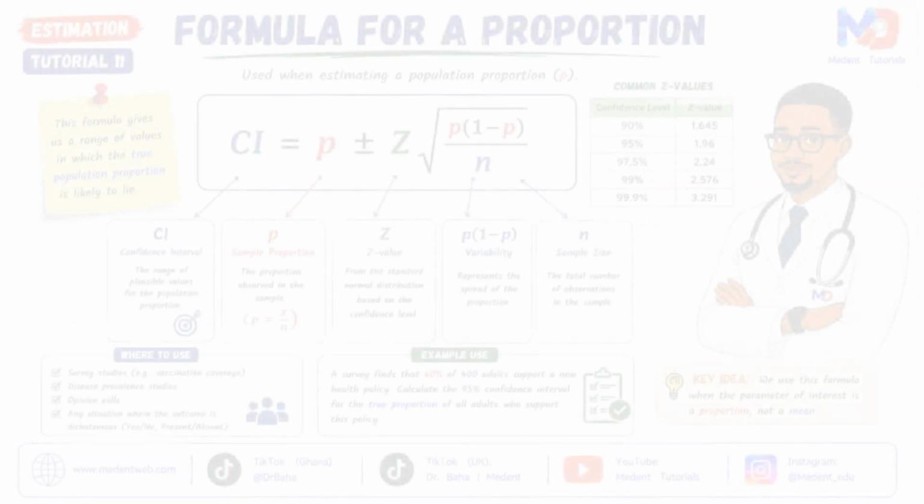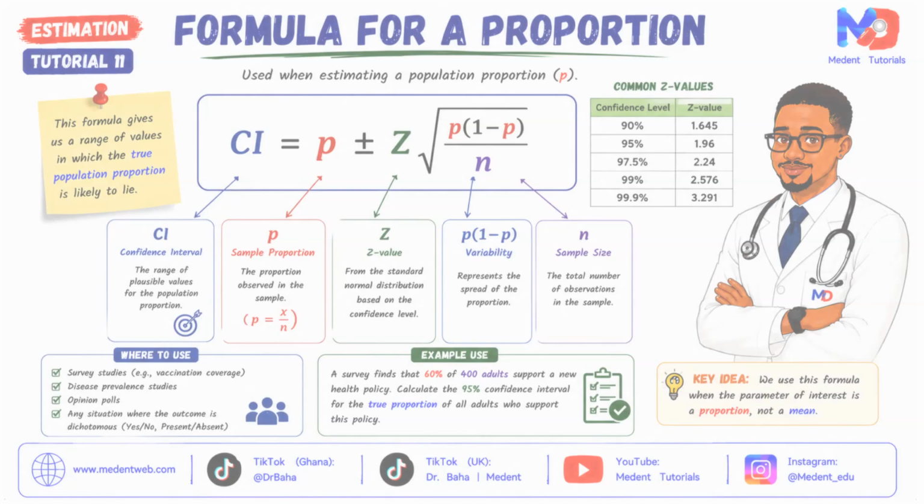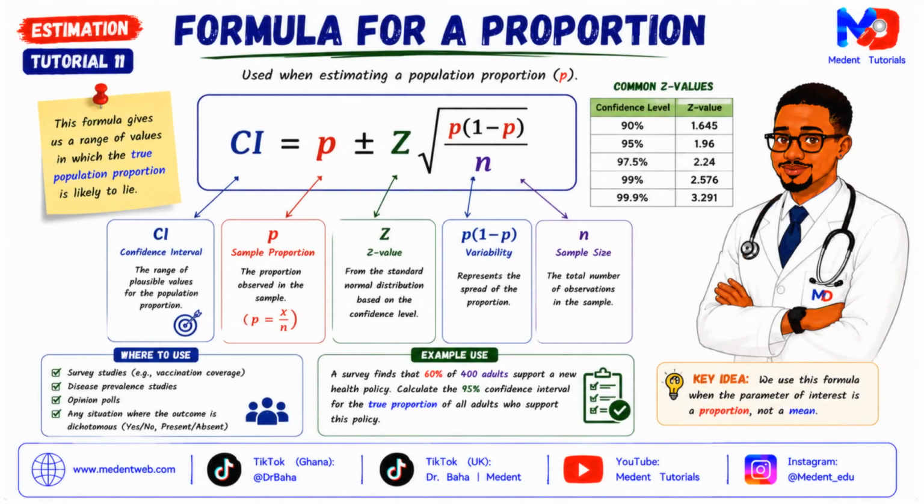Now, sometimes we want to estimate a proportion rather than a mean. In such cases, we use this confidence interval formula for a proportion. Here, P represents the sample proportion.